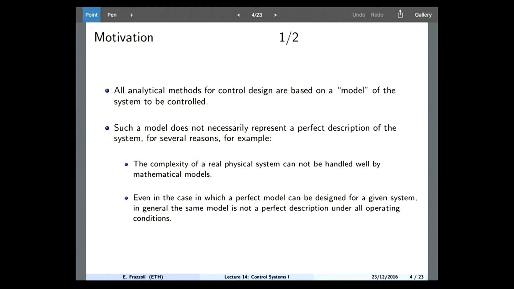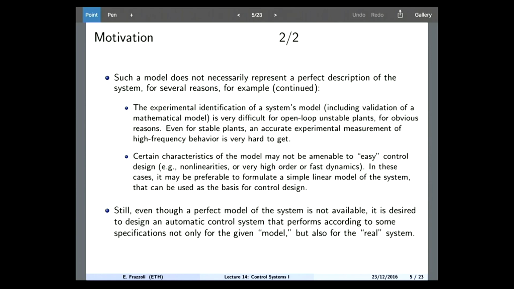Even if you have a very precise model, which by the way is something that you don't necessarily want, the model will not be the same as actually doing the real experiment. Why is it the case?